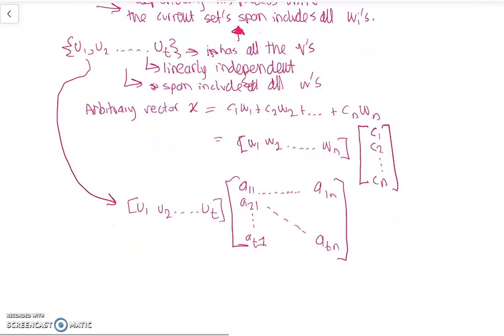We can write a matrix UA that gives us the matrix W, and let's say this matrix is C.